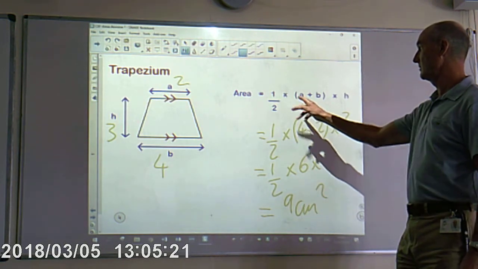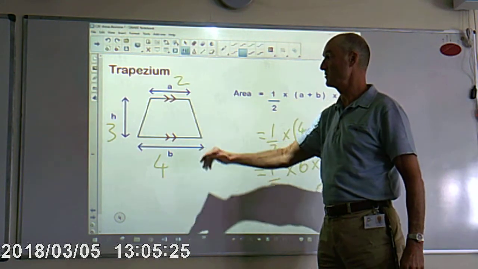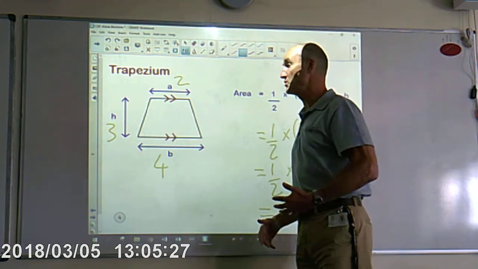Okay, half times A plus B times H. A and B are the parallel sides, H is the vertical height.